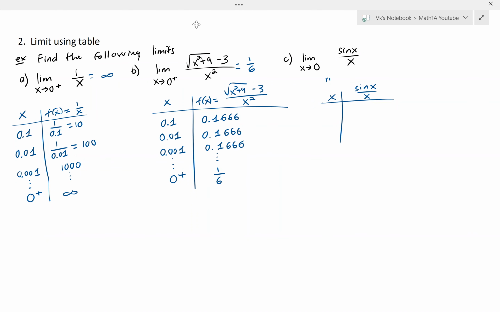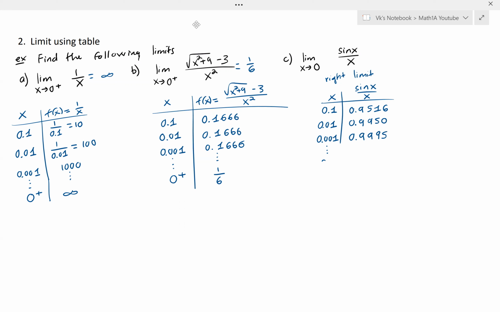We do the right limit. 0.1, we get 0.9983, 0.01, 0.99998, 0.001, 0.9999998.